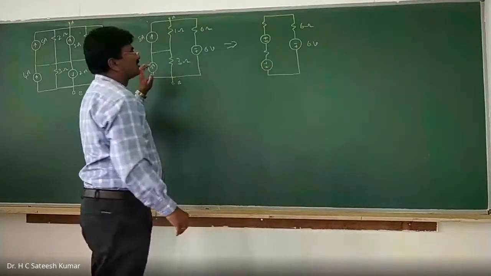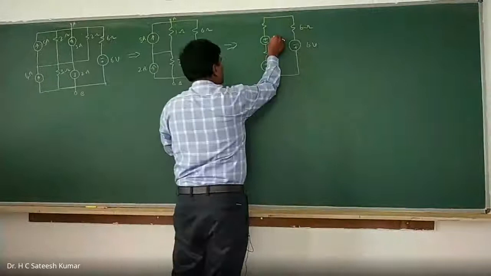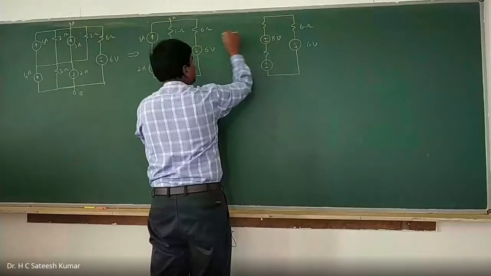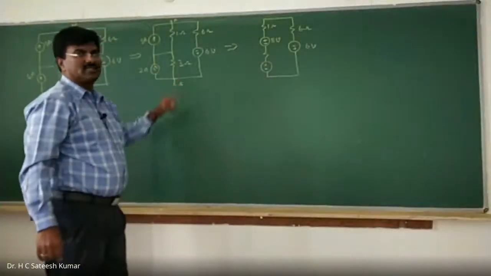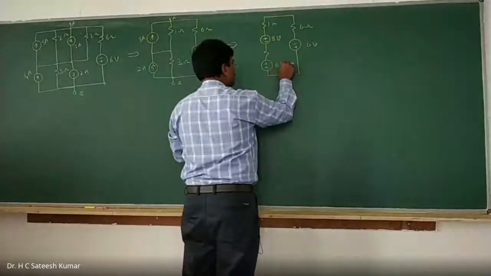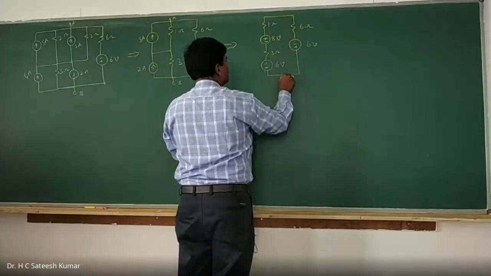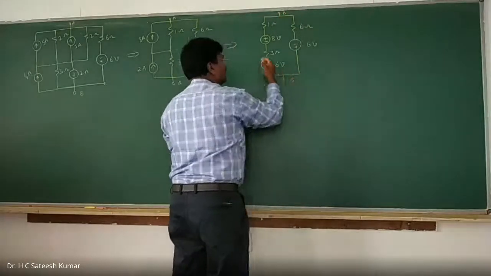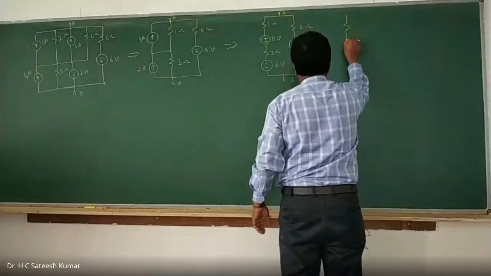Okay, right. So now V is equal to I into R. 8 into 1, 8 volts. And then resistance is 1 ohm. And V is equal to I into R, 2 into 3, sorry, 6 volts. And resistance value remains the same. So now A, B. Simplify these two series connections.